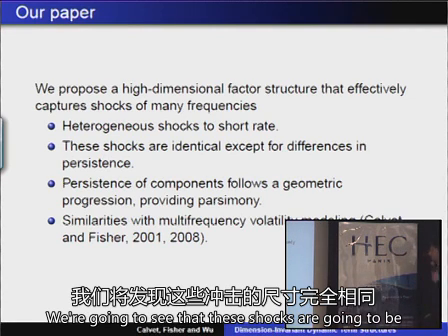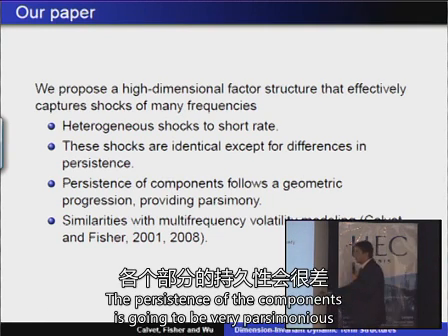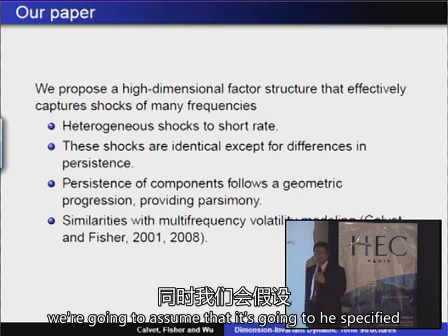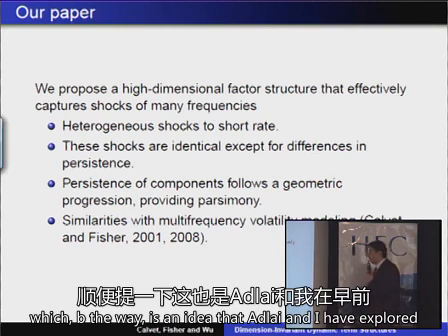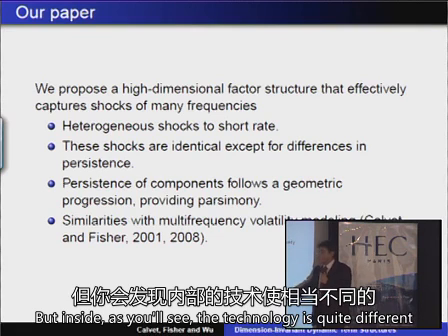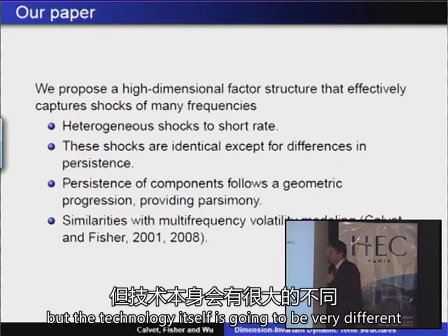We're going to see that these shocks are identical in size, except for differences in persistence. The persistence of the components is going to be very parsimonious, specified by a geometric progression. This is an idea that Adlai and I have explored in our earlier work on multi-frequency volatility modeling. But as you'll see, the technology is quite different. It's the same inspiration, the same spirit, but the technology itself is very different.